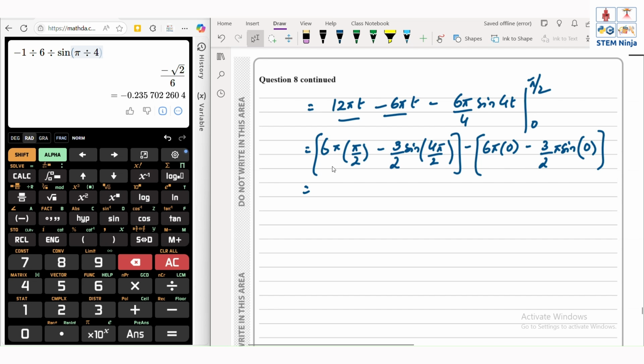So we get 3 pi squared minus 3 over 2 sine 2 pi, so sine 2 pi is 0, and minus 0, and minus 0. So the final answer is 3 pi squared. Therefore, the volume is 3 pi squared.